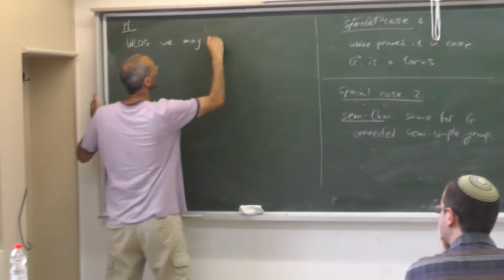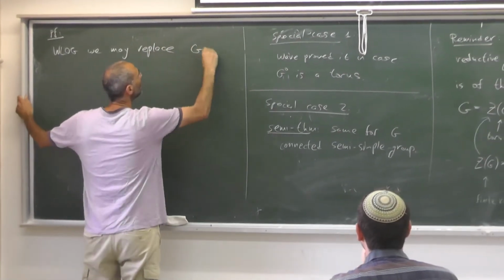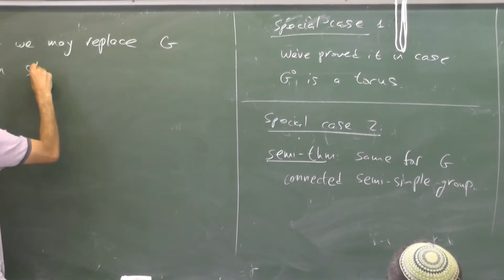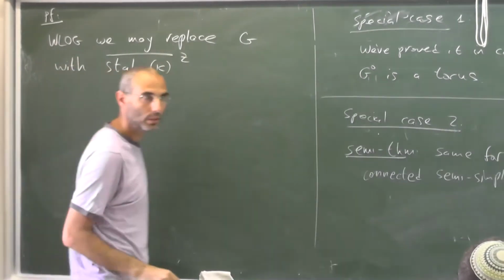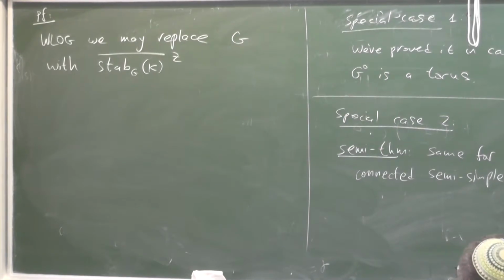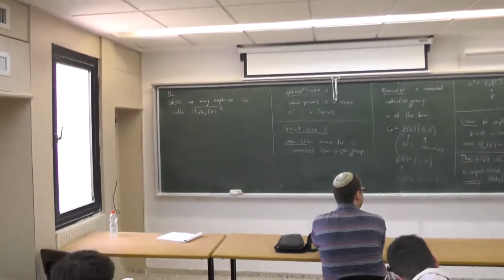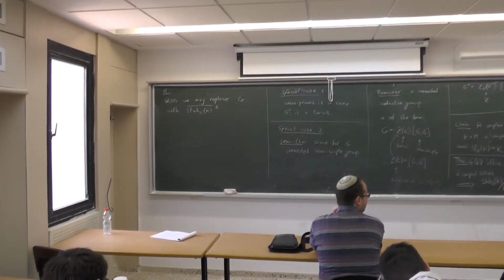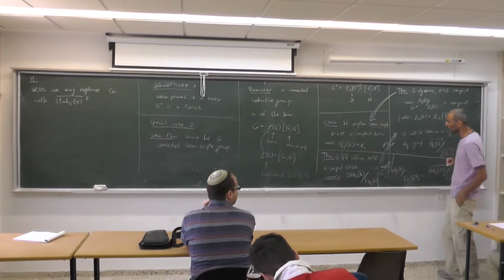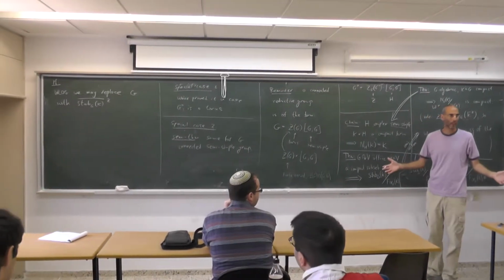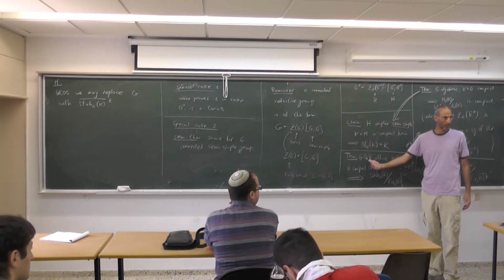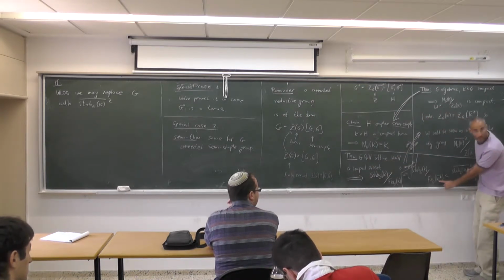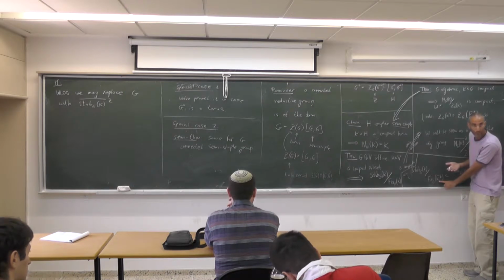We may replace G with Stab G. So we may assume that G is the Zariski closure of the stabilizer of this K. We may replace V. I have no interest in everything that happens in V. I have interest only in the part that contains K. I want V to be an affine thing, but I can just take this piece here, the Zariski closure of K. This is a Zariski closed subset of V. Everything lives inside it.